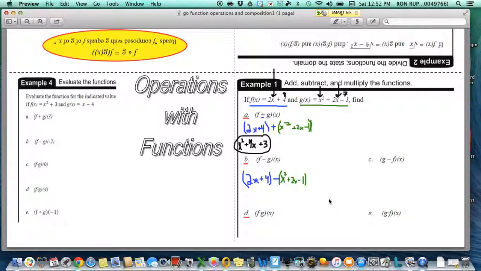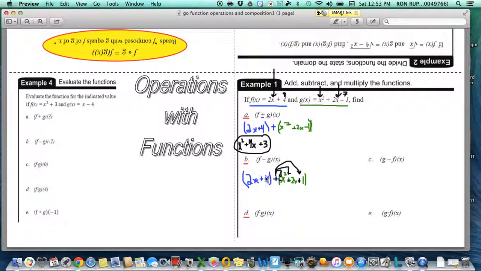Now, with subtraction, it's the same thing. You're going to combine like terms, and you can do that one of two ways. You could go 2x minus 2x gives me 0. 4 minus negative 1 gives me 5, and the negative goes here with the x squared. Or you can distribute this negative, which is what I really think you should do. And so now that becomes positive, and your x squared is negative, your 2x is negative, and your 1 is positive because I distributed.